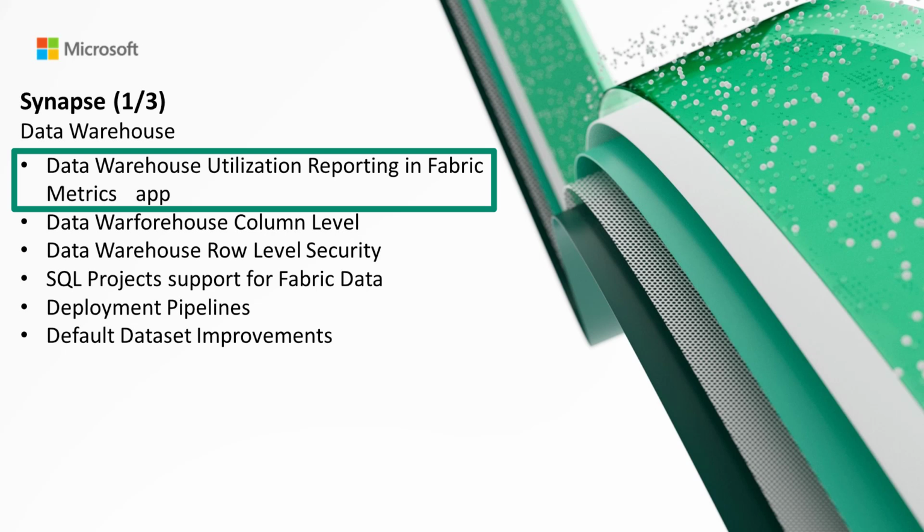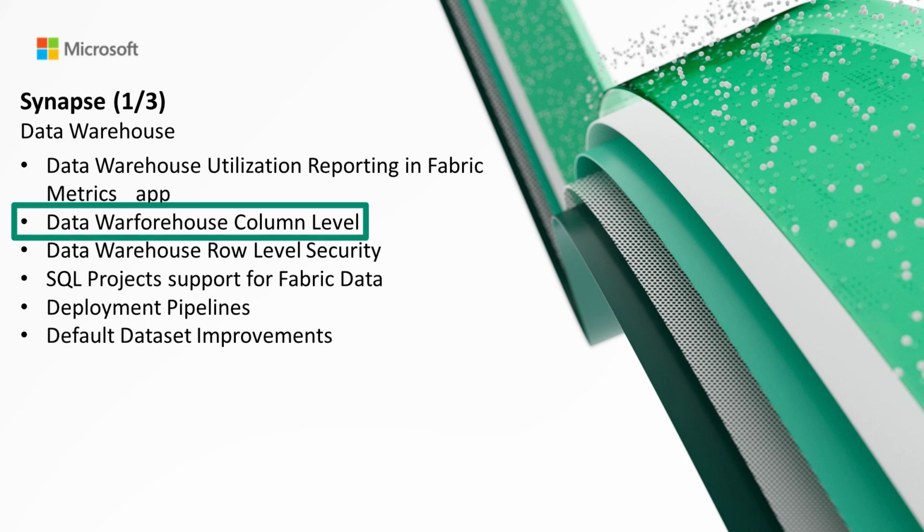It's used by capacity or SQL warehouse admins to identify CU usage trends across warehouse items within a capacity, monitor overload information, and understand the cost of running operations, which leads to informed capacity sizing decisions.